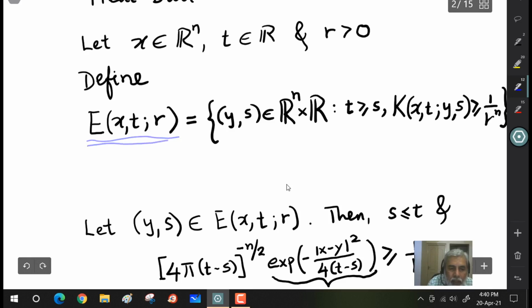This is a subset of Rn cross R. Since t plays the role of time, this region is also referred to as a space-time domain. It looks a bit complicated, but we'll just unfold what that is.